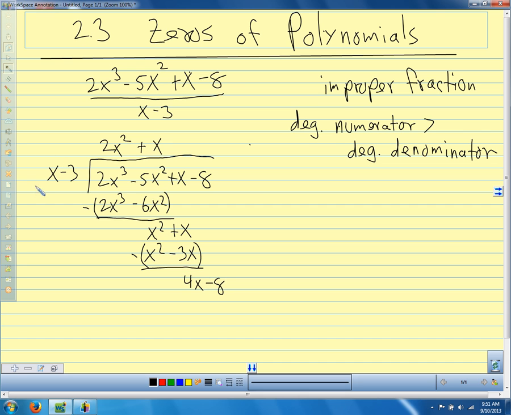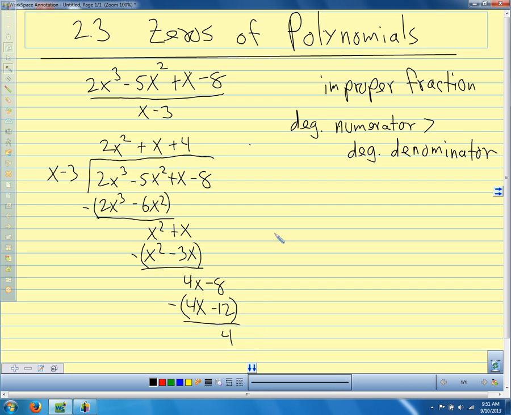And then I say, what do I have to multiply x by to get 4x? And I multiply those out, so I get 4x minus 12. And I subtract, and negative 8 plus 12 is 4.